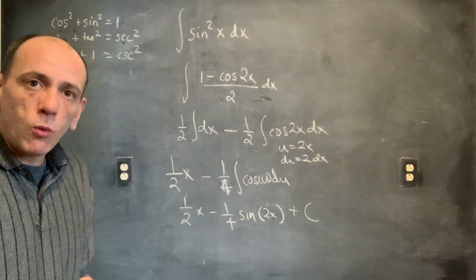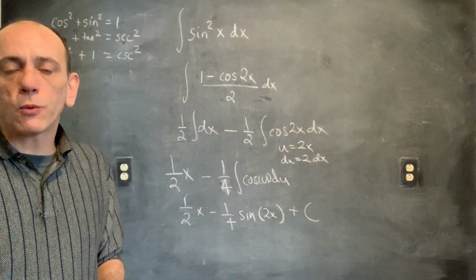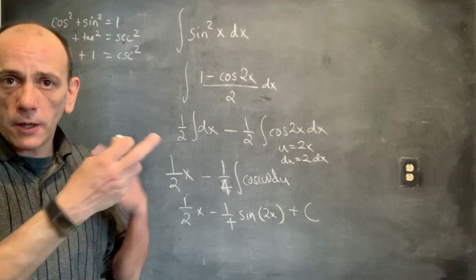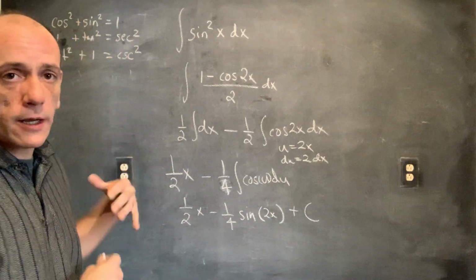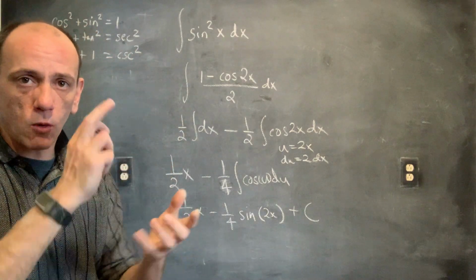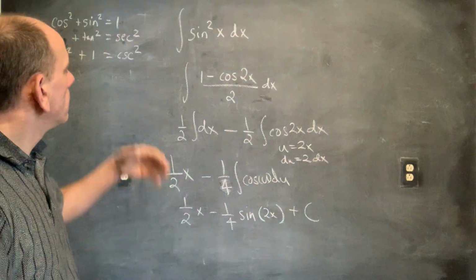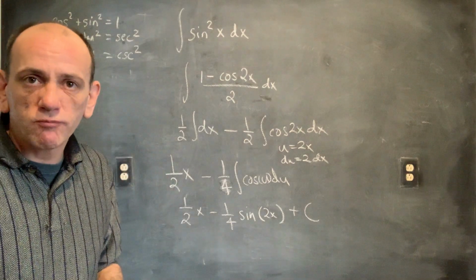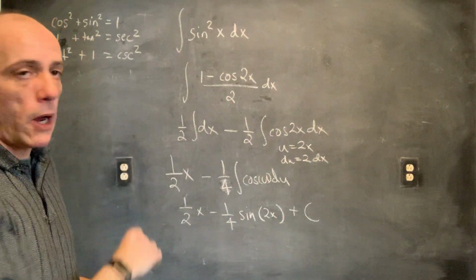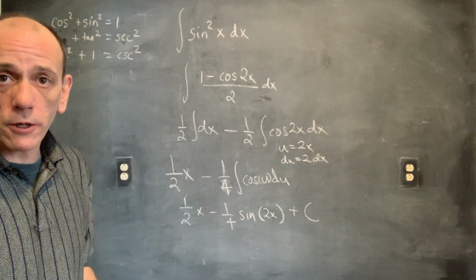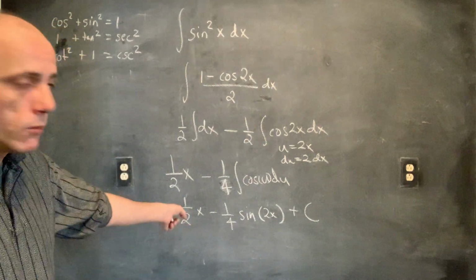Okay, so that's one example of one of the ones where our u subbing, we're trying to convert things, it's never going to work. We just go around in a circle. So we reach back to trig, power reduction, and bam, off we go, easy.